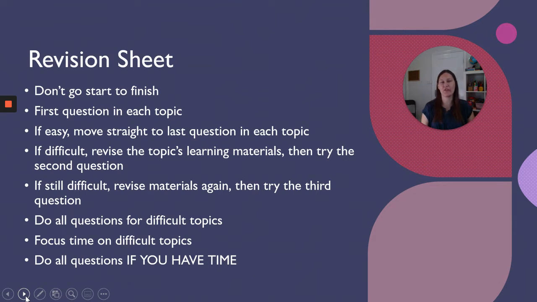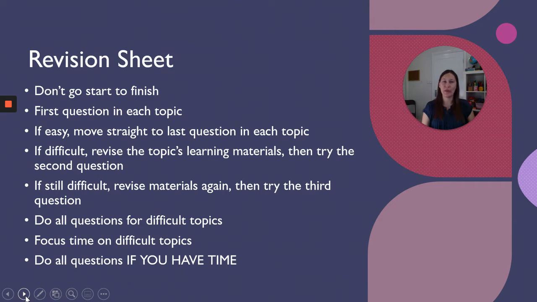It's very unlikely that you've just been told that you've got an exam and you don't know what's going to be on it. So either you've been given a revision sheet or you need to make your own based on the activities that have been set out on the revision checklist. And now we're going to talk about how you tackle that revision sheet or those revision activities.